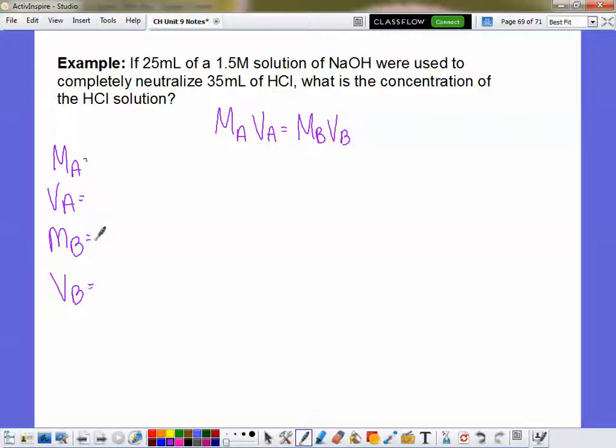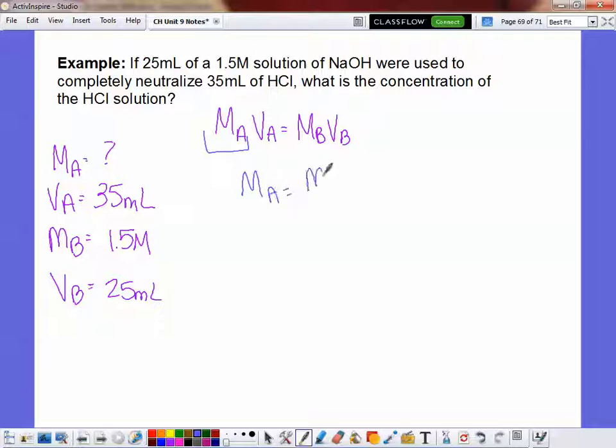What concentration of base do I have? 1.5. And what volume of base did I use? 25 milliliters. In the problem, which of these am I trying to find, MA or VA? MA, because that's the concentration of the HCl solution that I've been asked to solve. And I used 35 milliliters of my acid. So we're solving for MA.